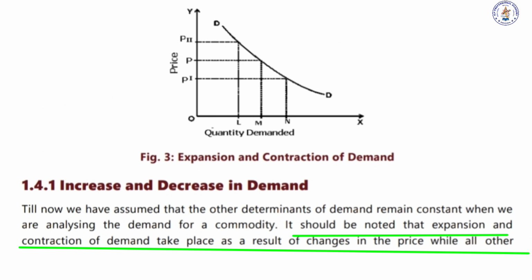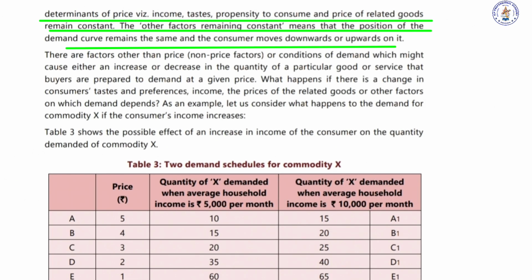Really to say, will only price affect the demand quantity? No, there are other factors too which affect the demand. We have studied it earlier. So do they bring in any contraction or expansion of demand?